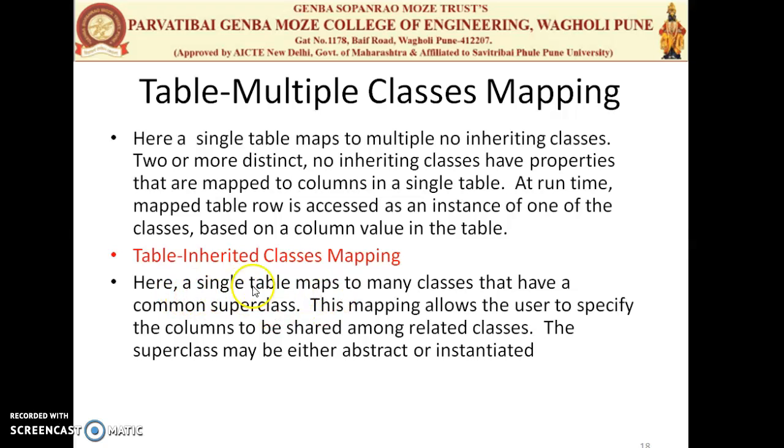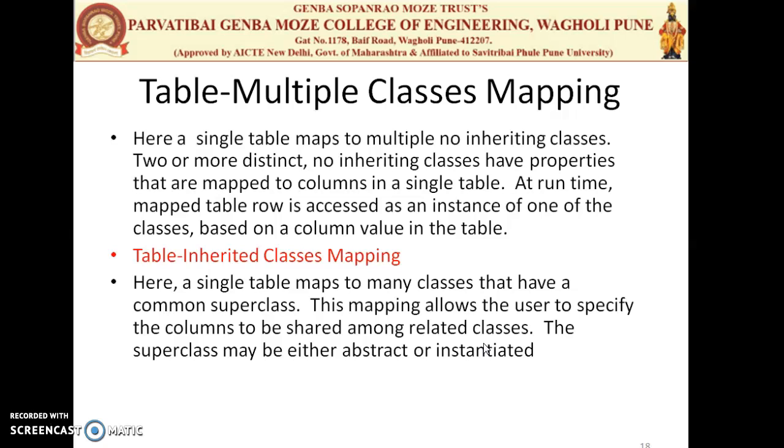The next is table inherited class mapping. That means a single table can map to multiple classes that have a common superclass. Inheritance is nothing but one class having the same properties as its parent class. Many classes may have the same superclass, so we can map a single table to different classes which have the common superclass. This mapping allows the user to specify the columns to be shared among the related classes.